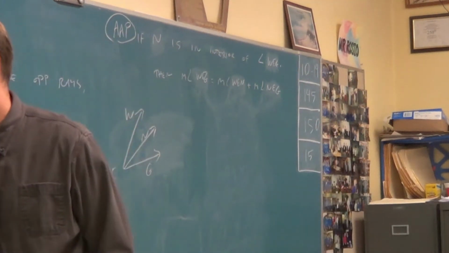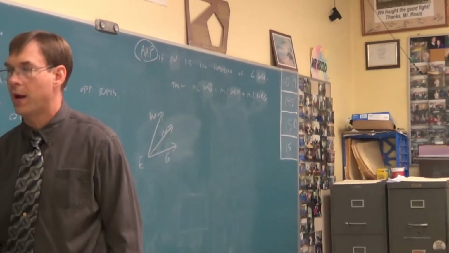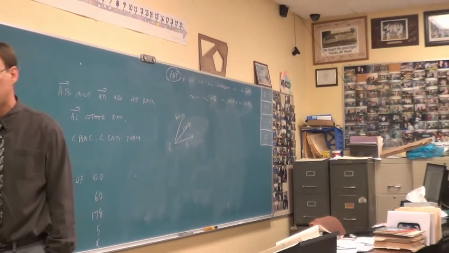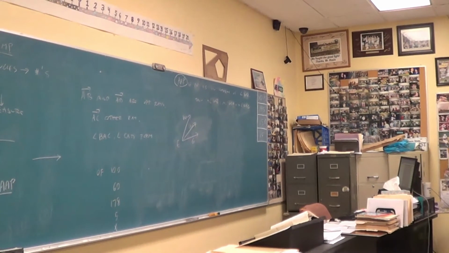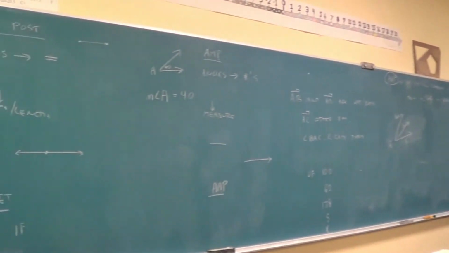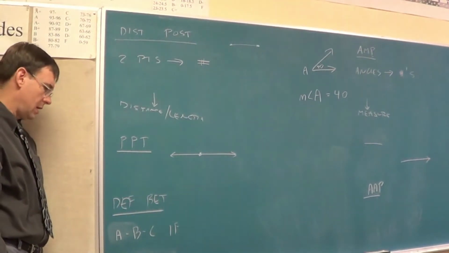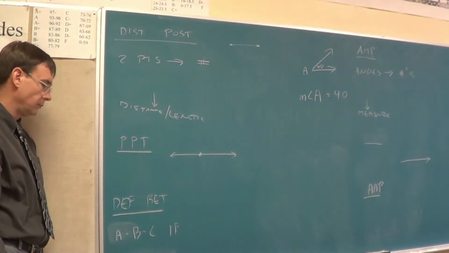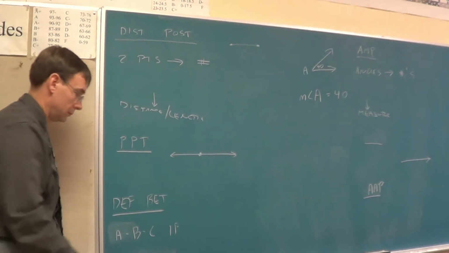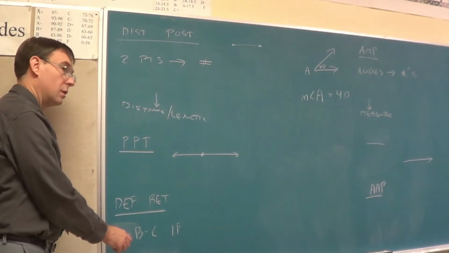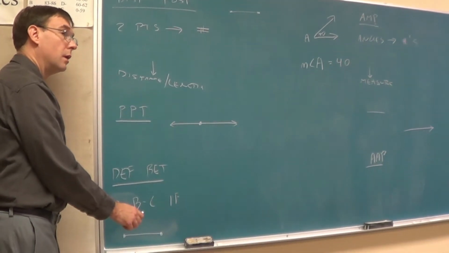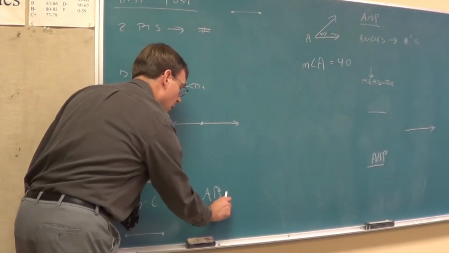Comparison: I would say the angle addition postulate compares to the definition of between. So if we think back to our memory banks, can anybody still do the definition of between? A, B, and C are all collinear. That's true. AB plus BC equals AC.